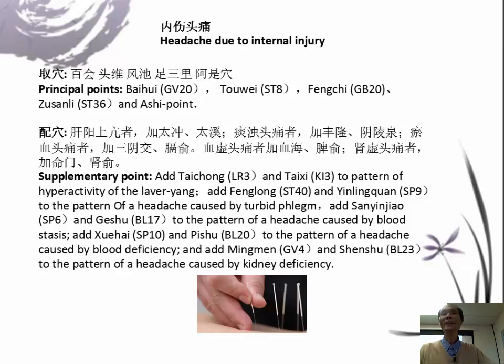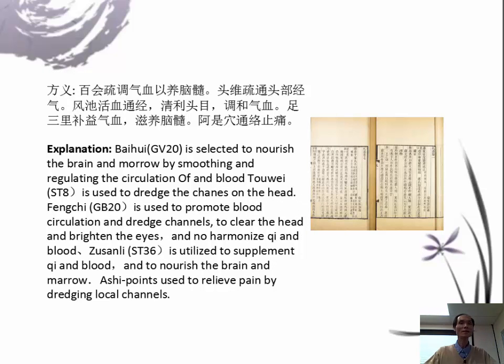Okay. So are there any questions here? No. I'm just going through all these points. Those are important, right? Why do we choose Baihui, GV20? Because it governs the brain and marrow, because it's the head. And the other thing is, why do we use Taiyang here? Because we want to unblock the channel and push up the channel qi, the collateral qi.